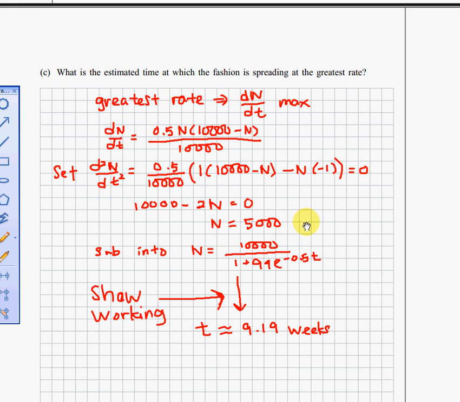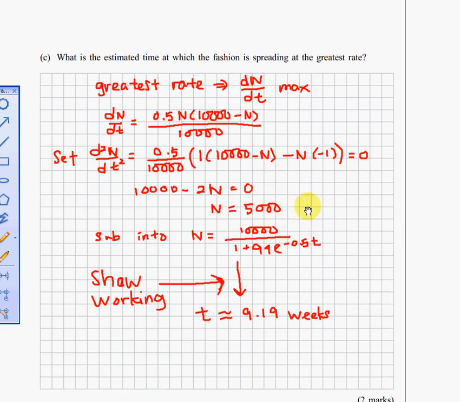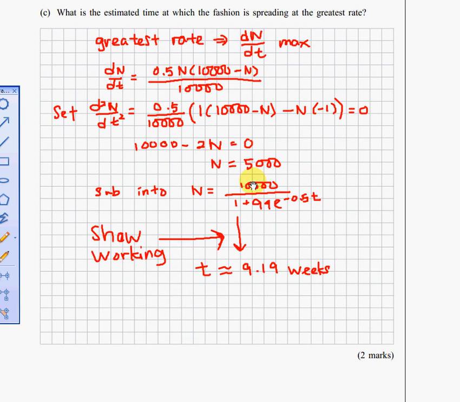And now, if you recall math studies, by the way, this makes sense, right? Because the inflection point occurs at half of the carrying capacity, which in this case is 10,000. So getting 5,000 makes a lot of sense.